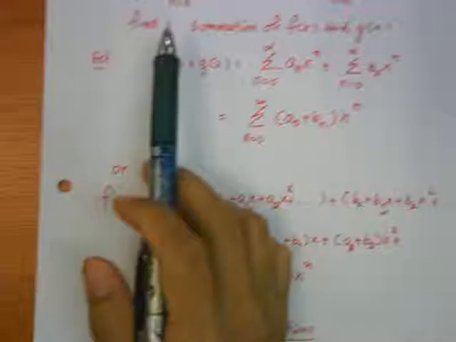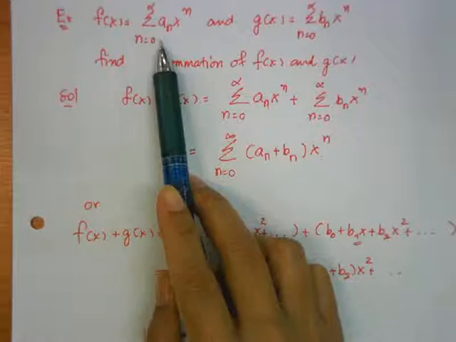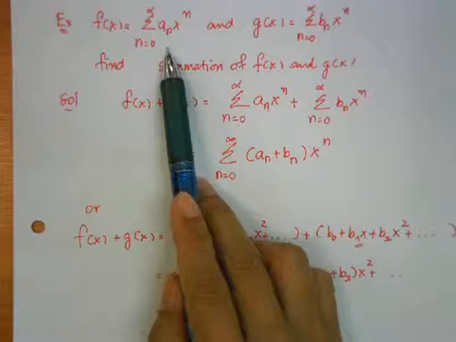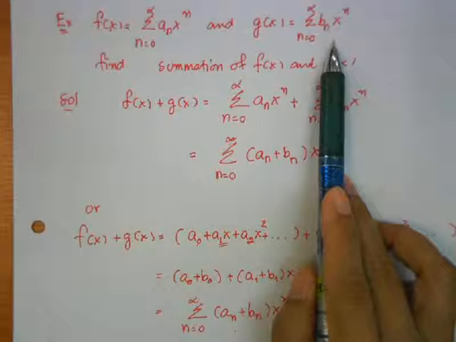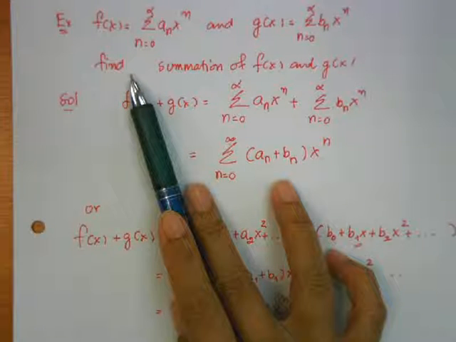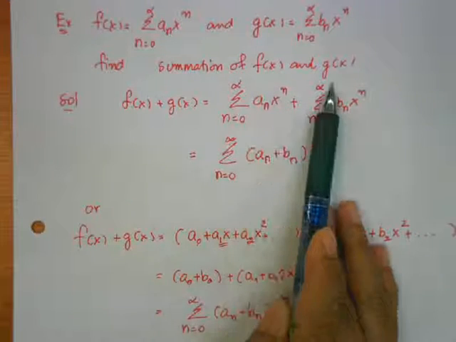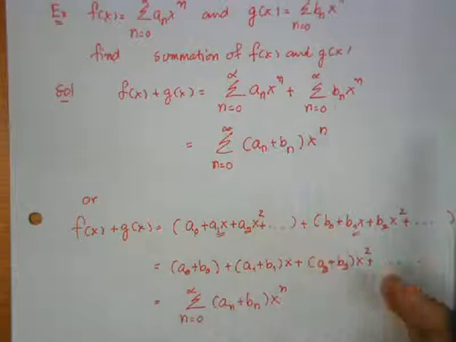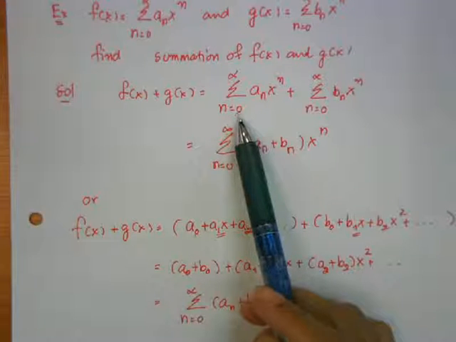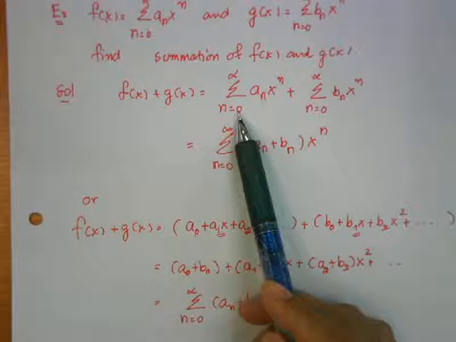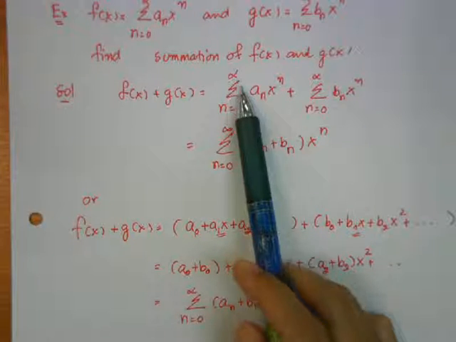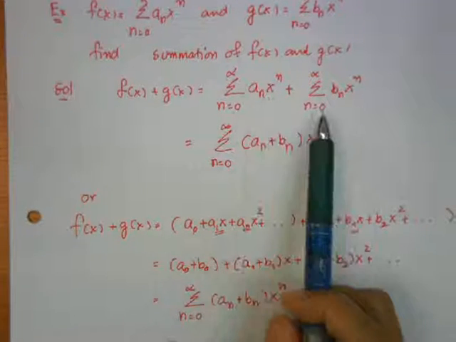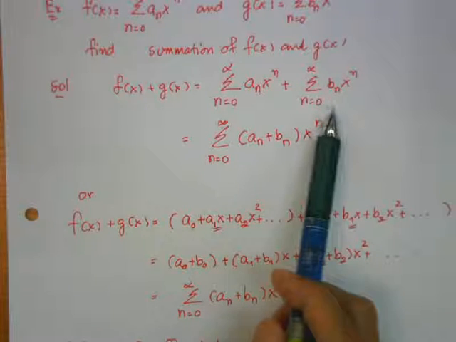If you have f(x) expressed by this power series, and g(x) expressed by this power series, and the problem asks us to find the summation of f(x) and g(x), the way you do it is you just put both functions together and sum them. Since the starting point of your summation is n equal to 0 to infinity for both terms, you can do the summation by taking the coefficients of both of them and adding them together.